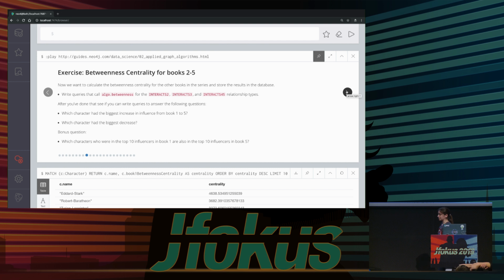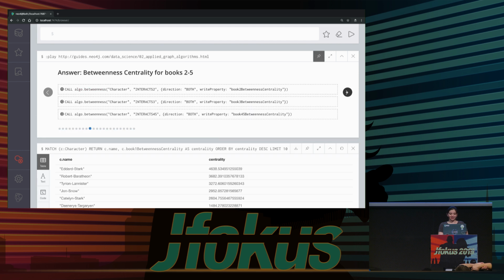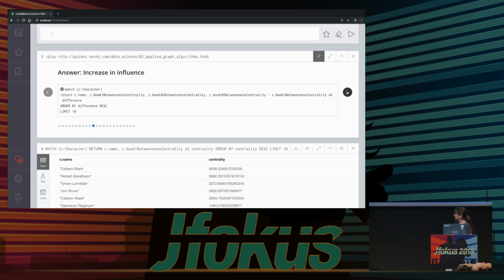Okay, so let's expand this a little bit. We've already talked just about book one. Let's extend this out and look at the rest of the series, or the current series as it stands. I'm hoping for the next book. We'll see. I've already stored betweenness centrality. So now we'll just look at the increase in influence over the course of the series. So we'll start at book one.